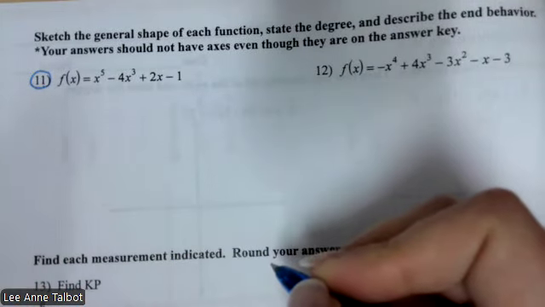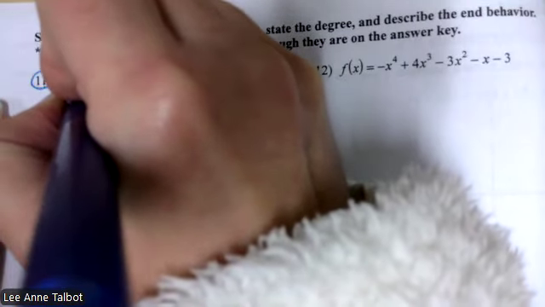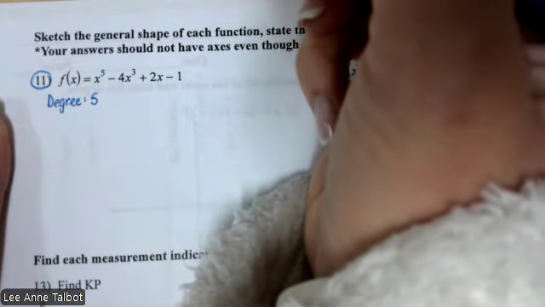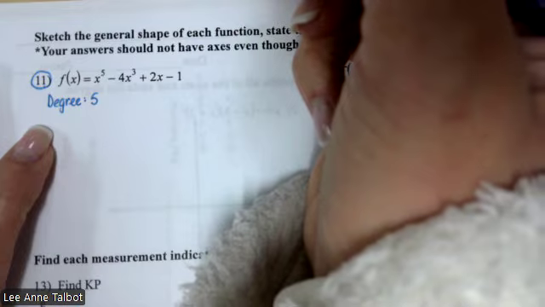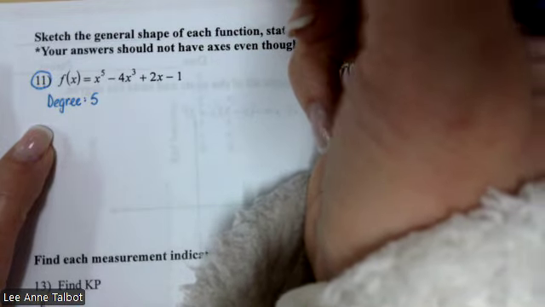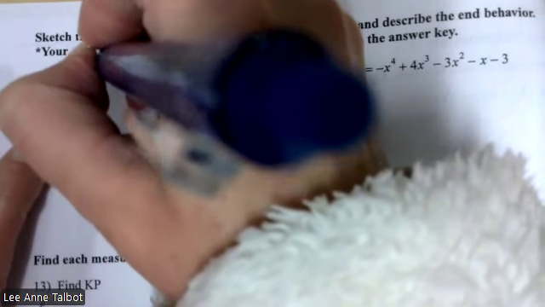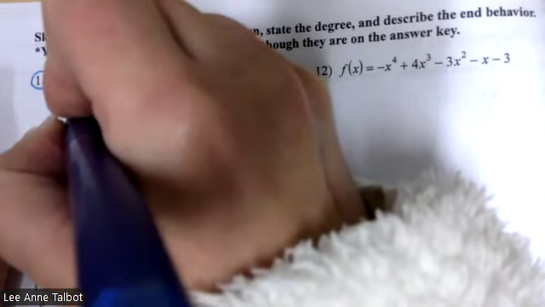Okay, first question is, what's the degree? So how many directions should it have in its sketch? 5. Okay, and is A positive or negative? Positive, and you want to put a 1 in the front if that helps your brain.